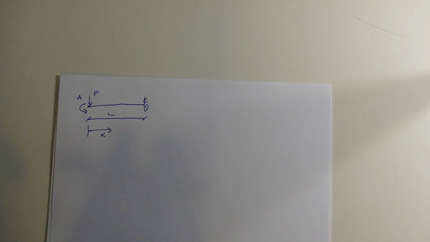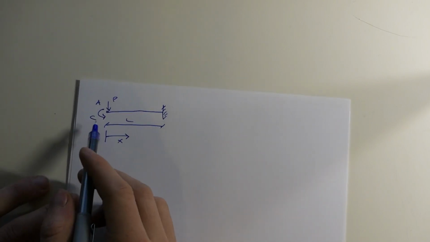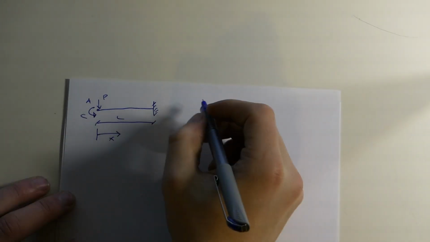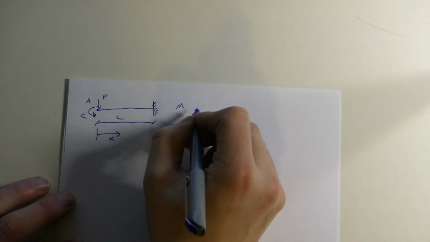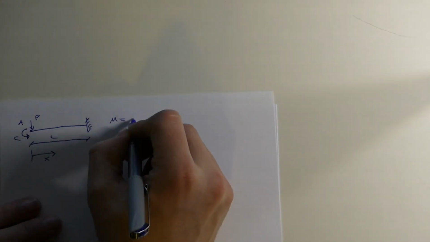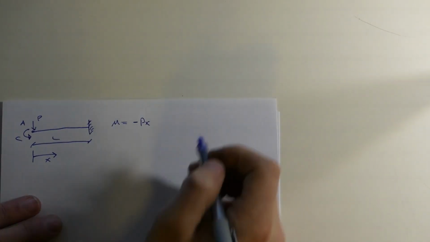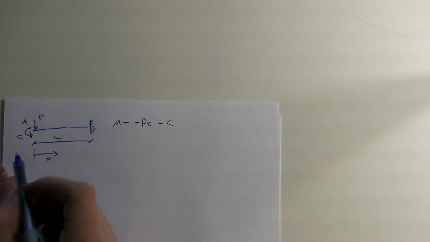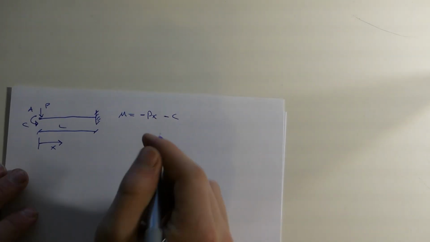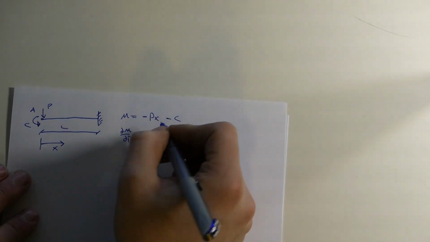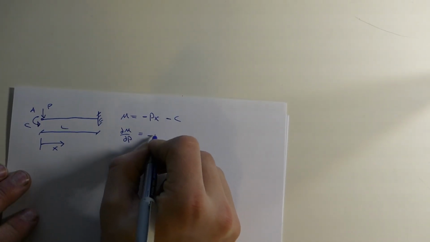We're applying this moment C here just so we can determine the new equation for rotation. The new equation is going to look the same as this one, negative px, except we're going to add minus c because of this counterclockwise rotation at c. It's just kind of like a virtual force. And then the partial derivative with respect to p would just be -1.